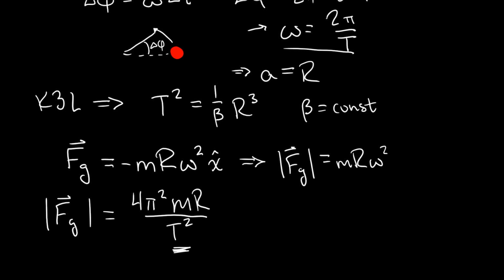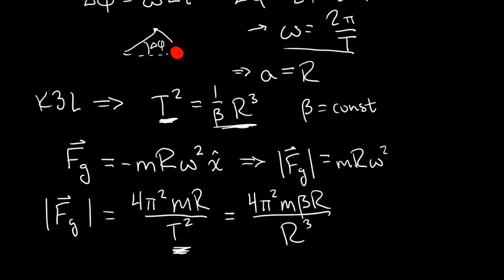But now we have this T squared in the denominator, which means we can replace it with the corresponding expression with r cubed. So we know that this is 4 pi squared m beta times r over r cubed.